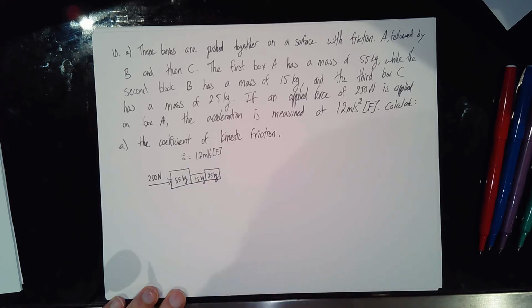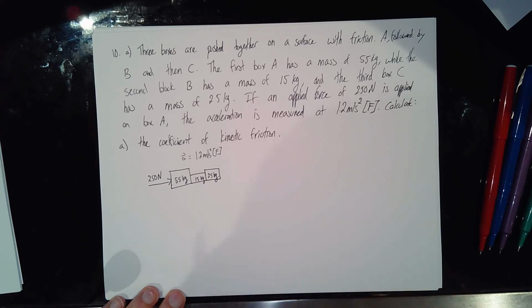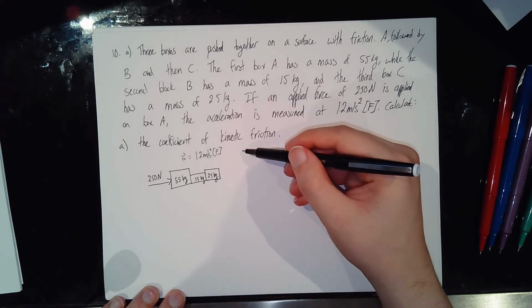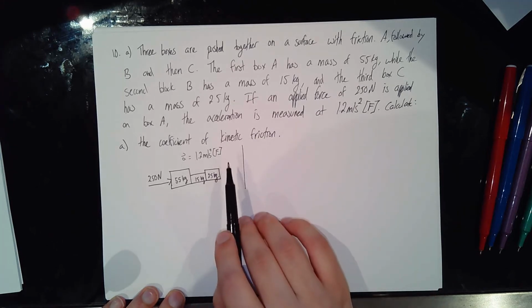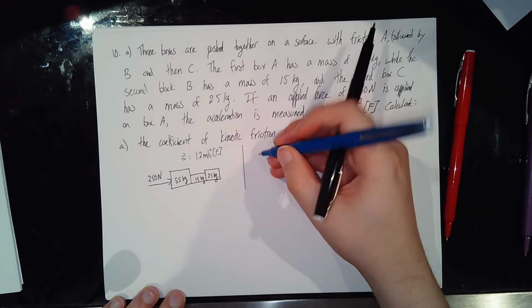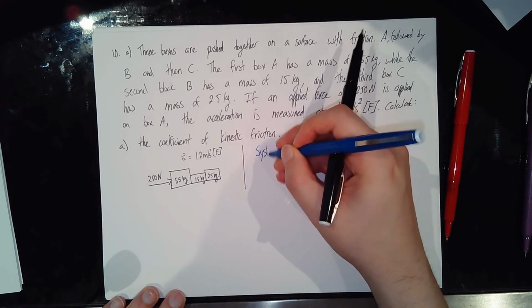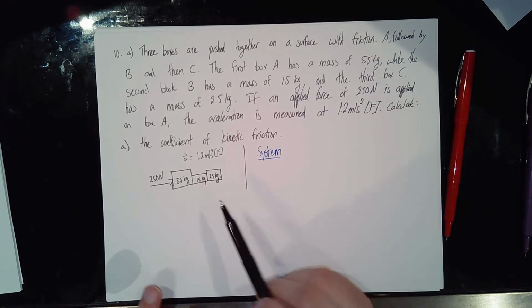To consider the whole system. And in principle, in this question specifically, we can go either way. However, I will be going with the combined system, mainly because there are less total forces acting on the object.